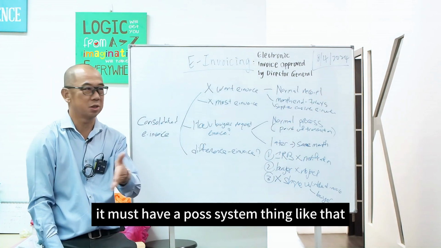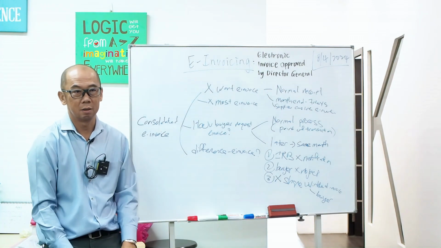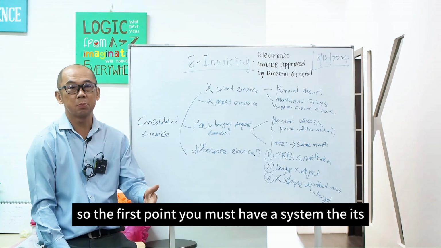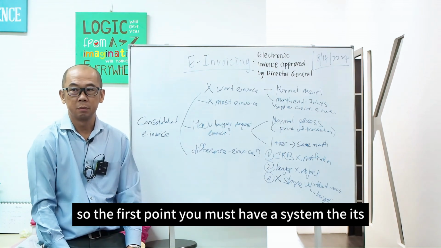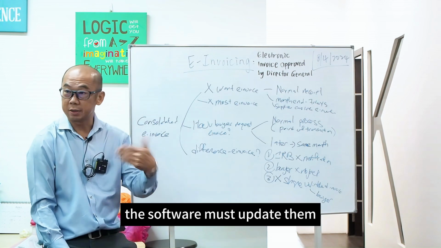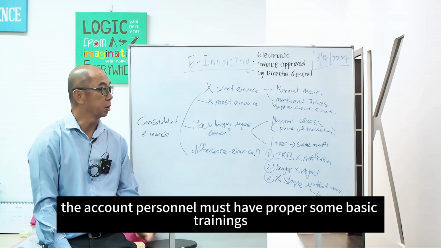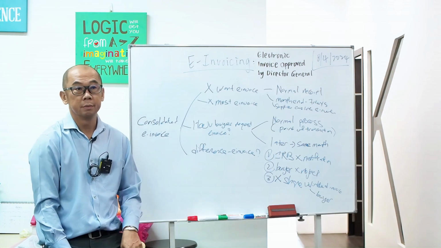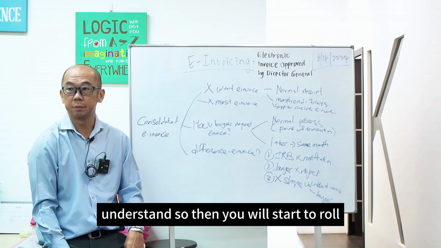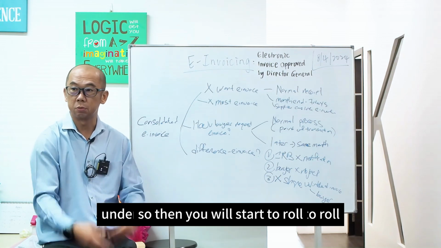They must have a POS system. So the first point is you must have a system. The IT hardware must be there, the software must be updated, and the accounting personnel must have some basic training. Understand? So that then it will start to roll.